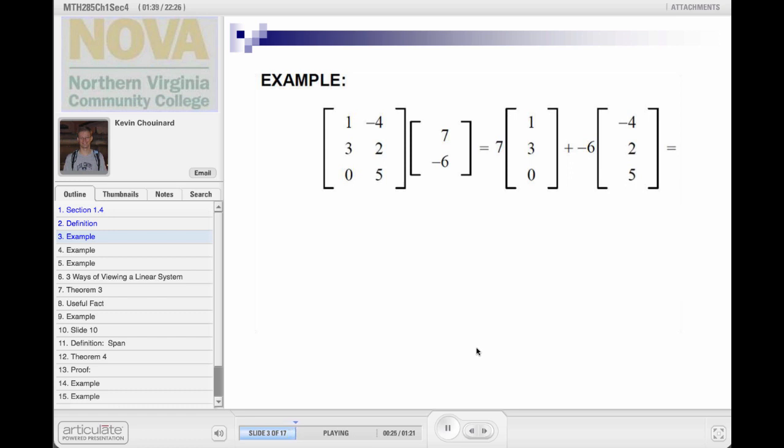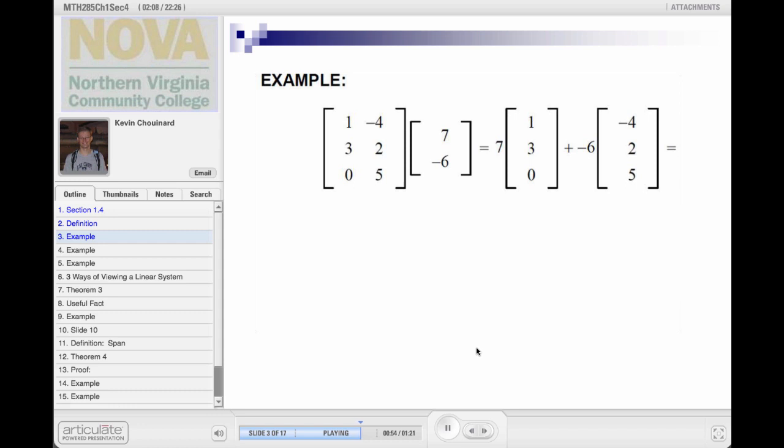Now what we're supposed to do here is take the columns of that matrix and do appropriate linear combinations using the entries in the corresponding way of the vector. So take them in order. You're going to take the columns from left to right, and then in the vector you're going to take the entries from top to bottom. So our first linear combination is going to be 7 times the vector 1, 3, 0, and then to finish it'll be negative 6 times the vector negative 4, 2, 5.